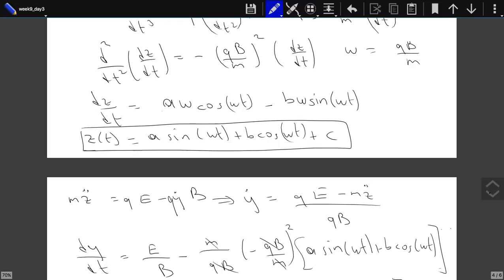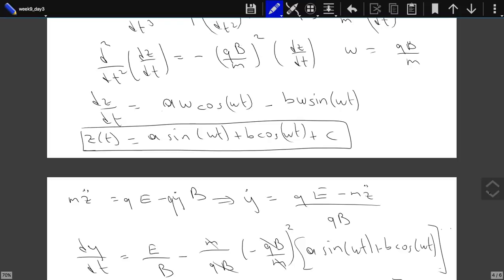Well, qb over m is omega. Okay, now I have made a mistake in the calculation. So omegas, they will cancel, plus some other constant d.